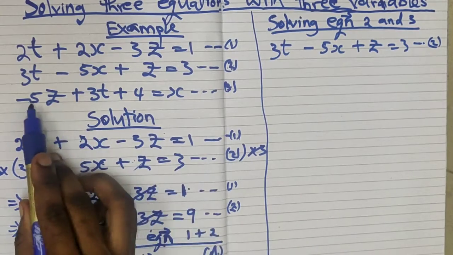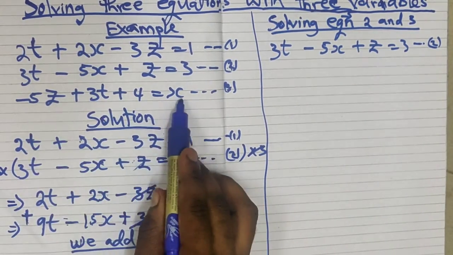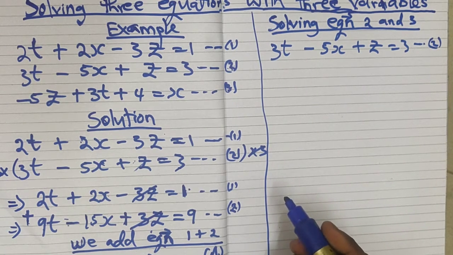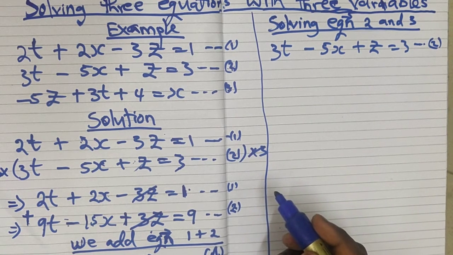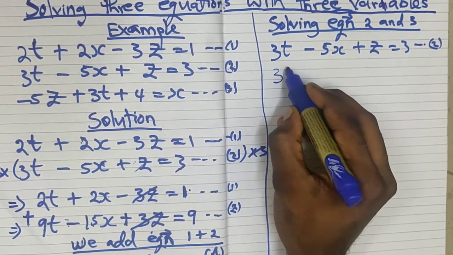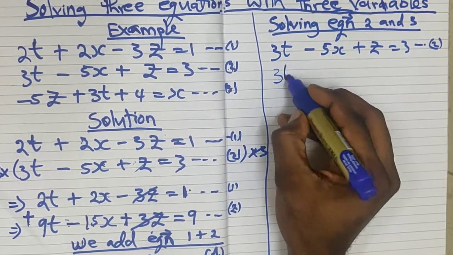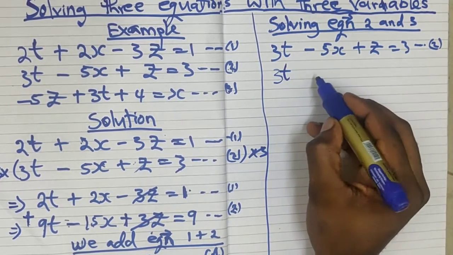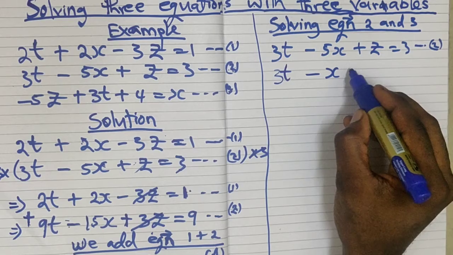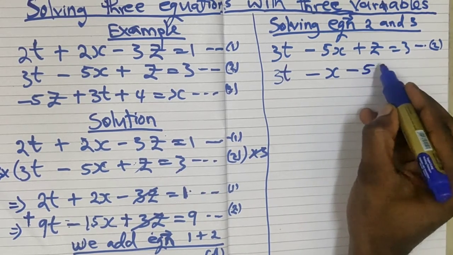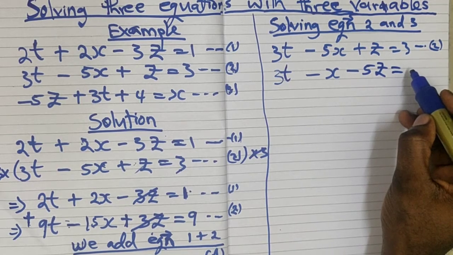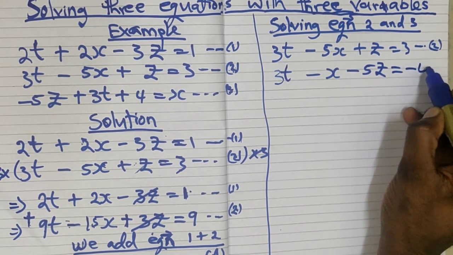So arranging this equation, we are going to have 3t minus x minus 5z equals to negative 4.